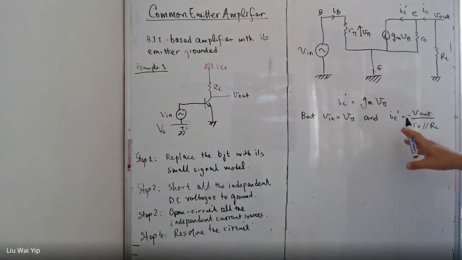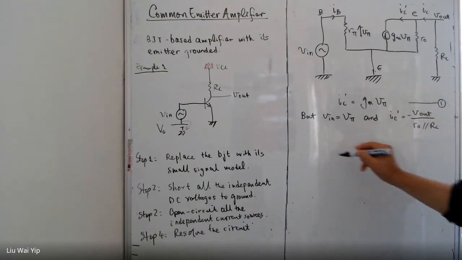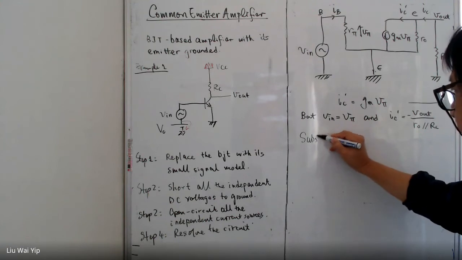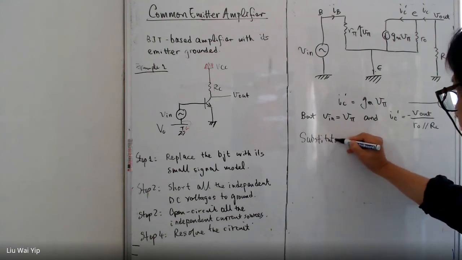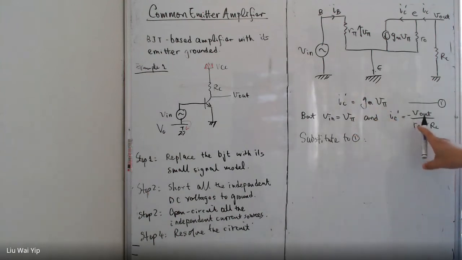Now with this in mind, we can substitute IC dash with this expression. So this is number 1. We substitute into equation 1, and what we get here is this one.